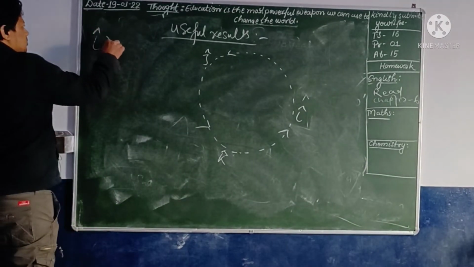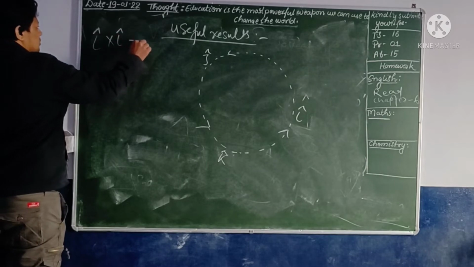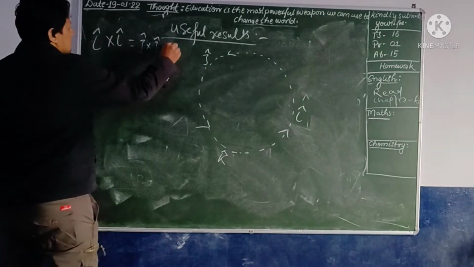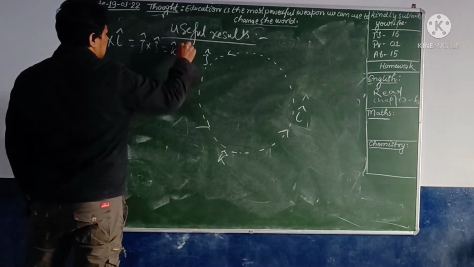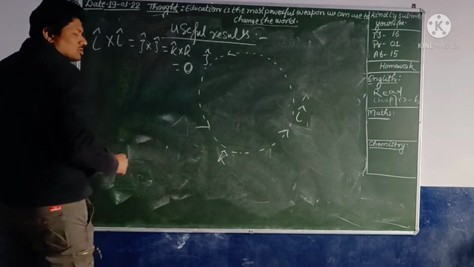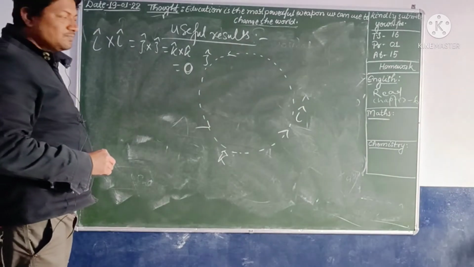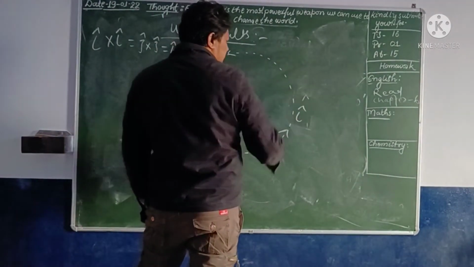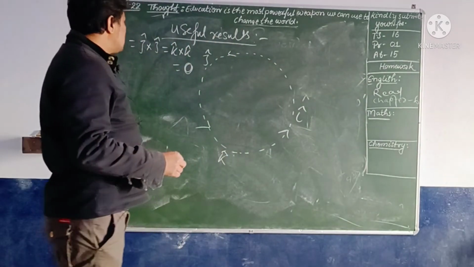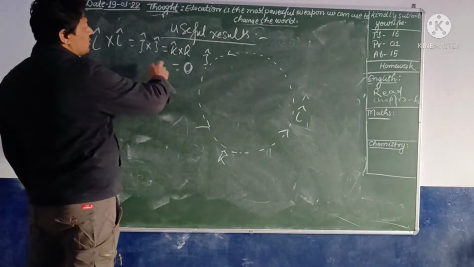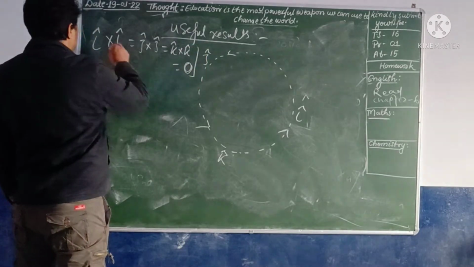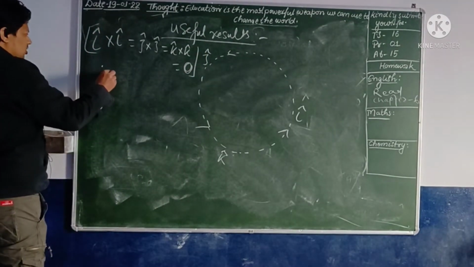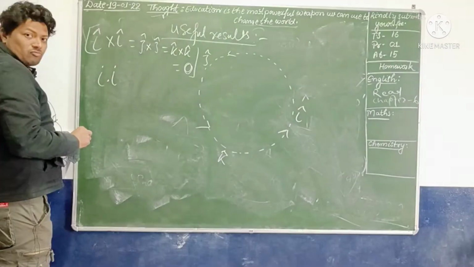I cap cross I cap is equal to j cap cross j cap is equal to k cap cross k cap. This one is equal to 0. Is it clear? I cap cross I cap is equal to 0. J cap cross j cap equal to 0 and k cap cross k cap equal to 0. But if you take the same pattern I dot I, what?